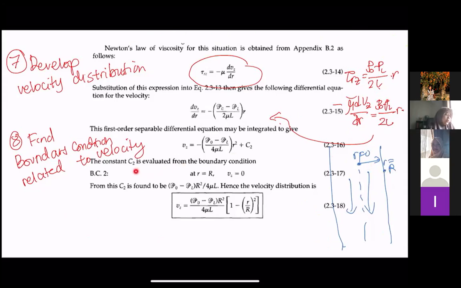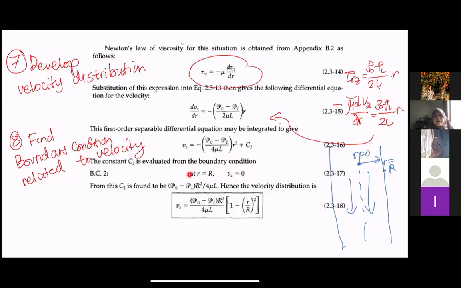Okay, so here the constant is evaluated by the boundary condition. The boundary condition that you have to find is the boundary condition with respect to the velocity. Don't find the boundary condition related to momentum flux, for example, but find the boundary condition related to velocity.